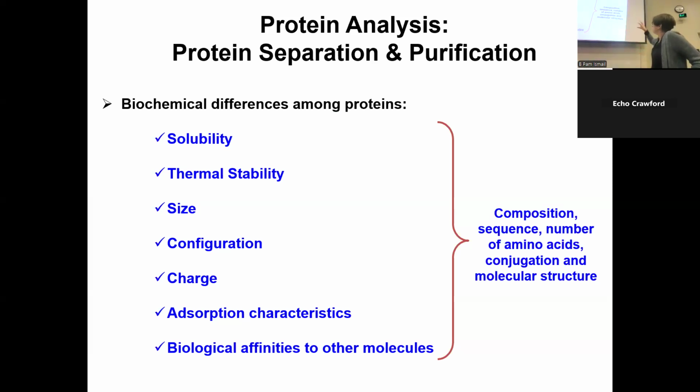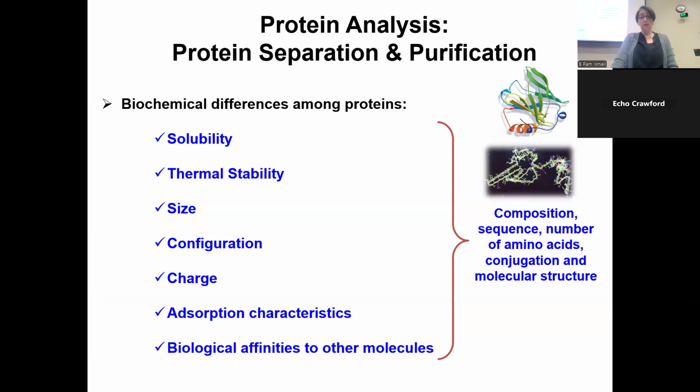And then the configuration, basically the structure, open, closed, globular, tertiary, quaternary, all of that. So these characteristics are impacted by those, and the result would be a completely different protein.